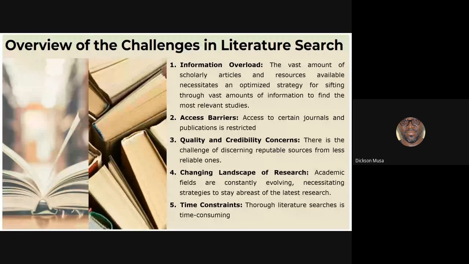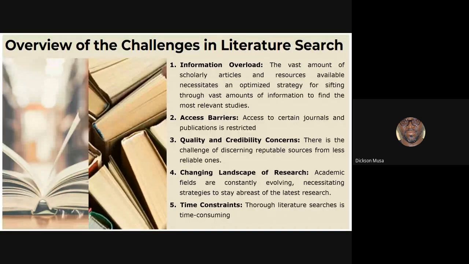To sift through this vast amount of information to find the most relevant studies to your work can be very, very tasking. So we have information overload. There is actually a lot of information, but to sift through it could be very tasking. This is one of the challenges of literature search that AI can help us to optimize.